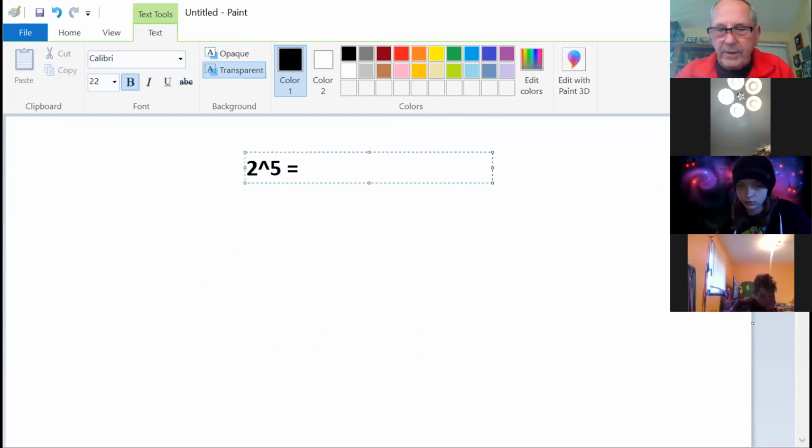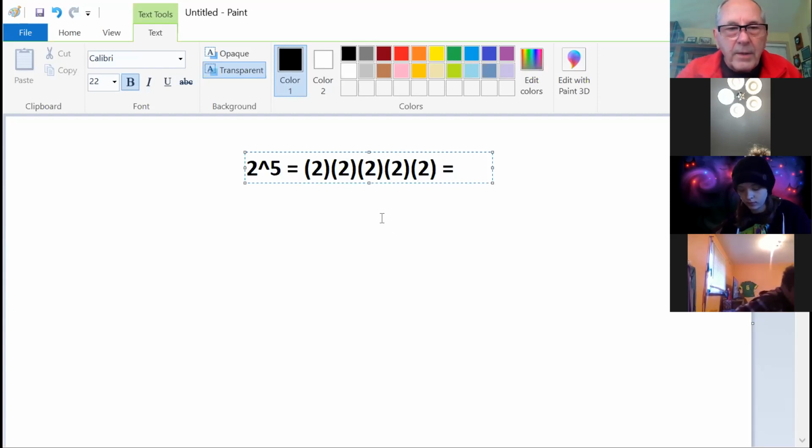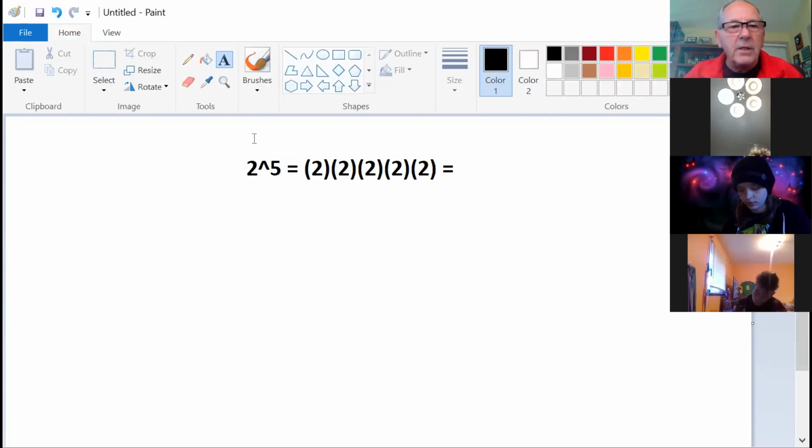What's that equal to? That's equal to 2 times 2 times 2, 5 2s basically, right? Not the 20, it's a 2. And the way to solve these is to take it by chunks.